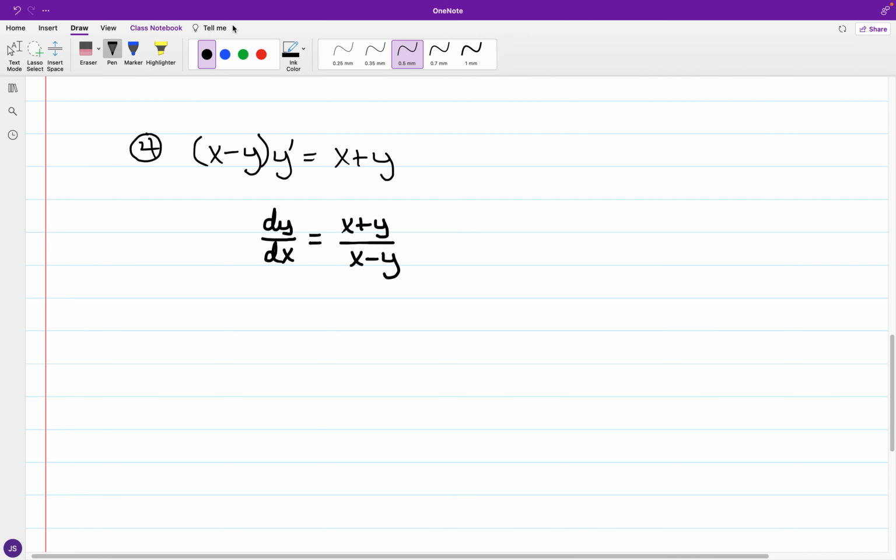Treating this as a homogeneous equation, again we had that v is equal to y over x, and once again we had that y is equal to v times x.